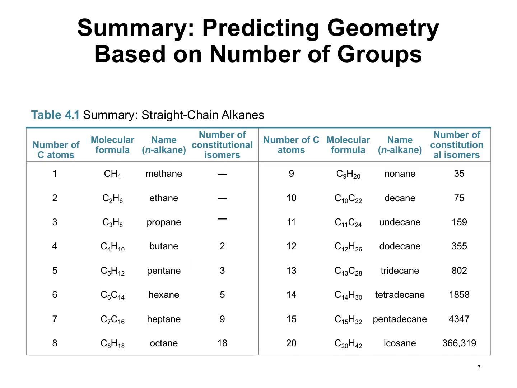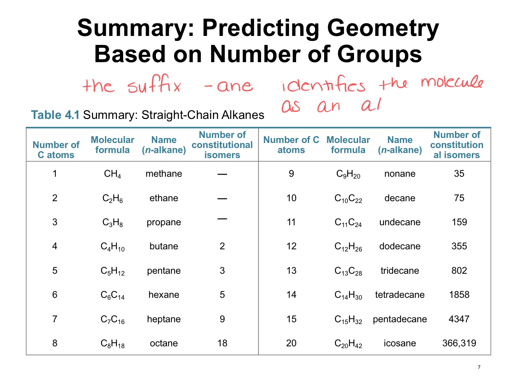Okay. Now, pentane is the name when we have 5 carbons. If you look here, this is a summary table of straight chain alkanes. And I want you to look at the suffix. The suffix, which is ANE, identifies the molecule as an alkane.